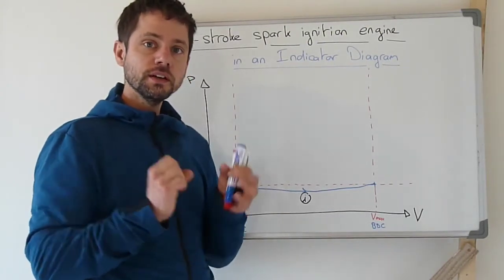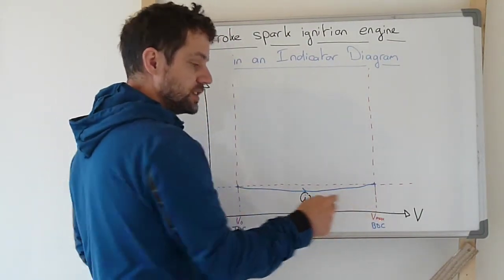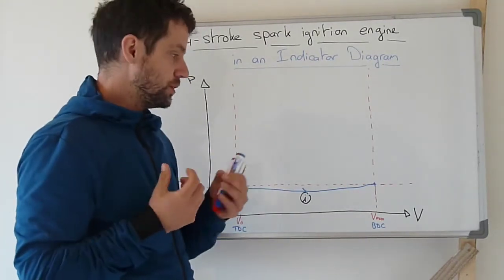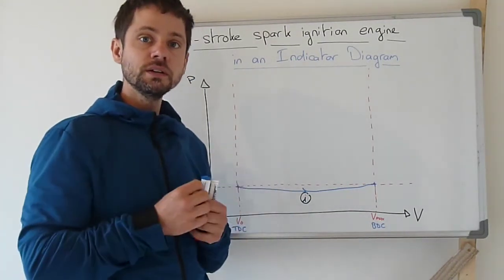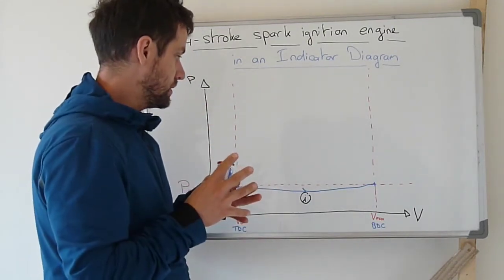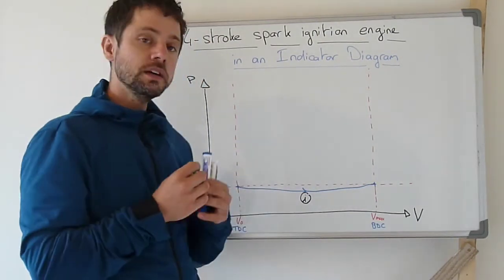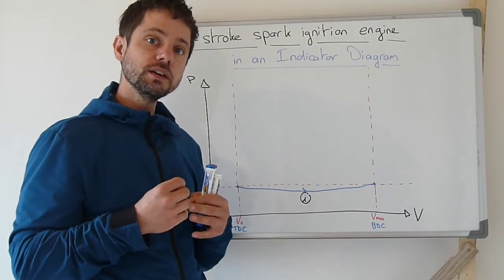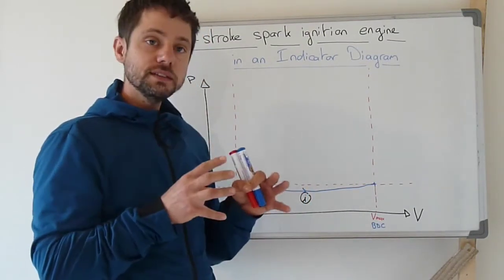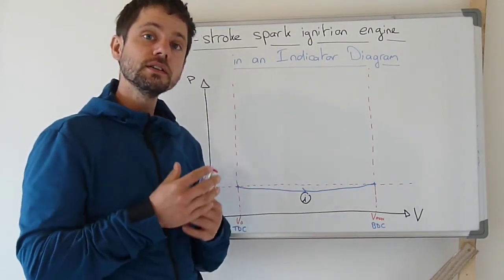Second stroke, the piston is moving up again, so the volume is decreasing from the maximum volume to the clearance volume. We have a volumetric compression of the fluid inside the cylinder, and when we have an adiabatic compression, a volumetric compression tends to increase temperature and pressure. In a real system, so in a real engine, this compression is not adiabatic.